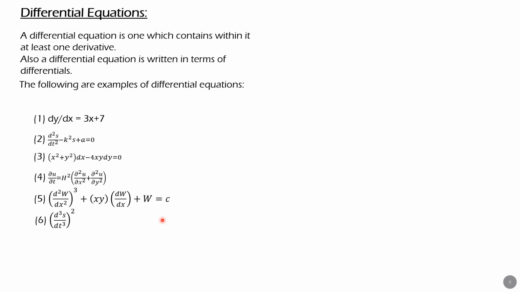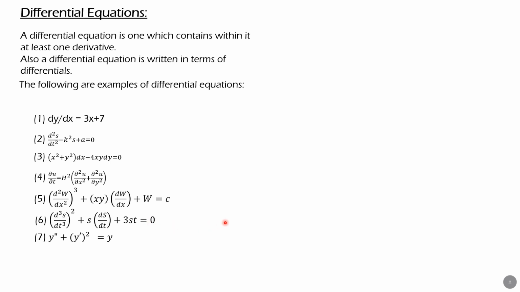Then another example, third derivative of s with respect to t quantity squared plus s times derivative of s with respect to t plus 3s squared equals 0. y double prime plus y prime quantity squared equals y. So these are examples of differential equations.